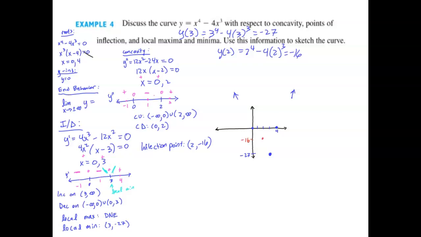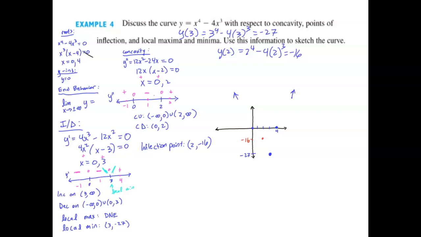My function is decreasing from negative infinity to 0 and from 0 to 3. And it's concave down from 0 to 2 and concave up from negative infinity to 0 and from 2 to infinity. Sorry, there's another inflection point at (0, 0).